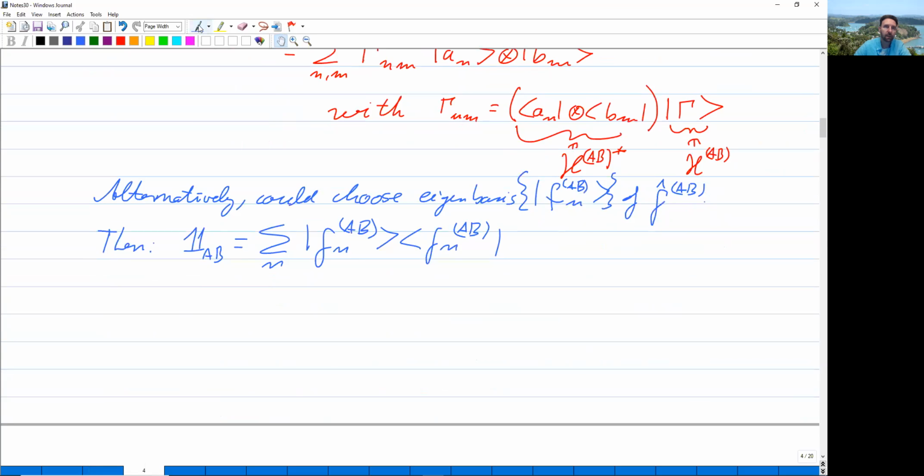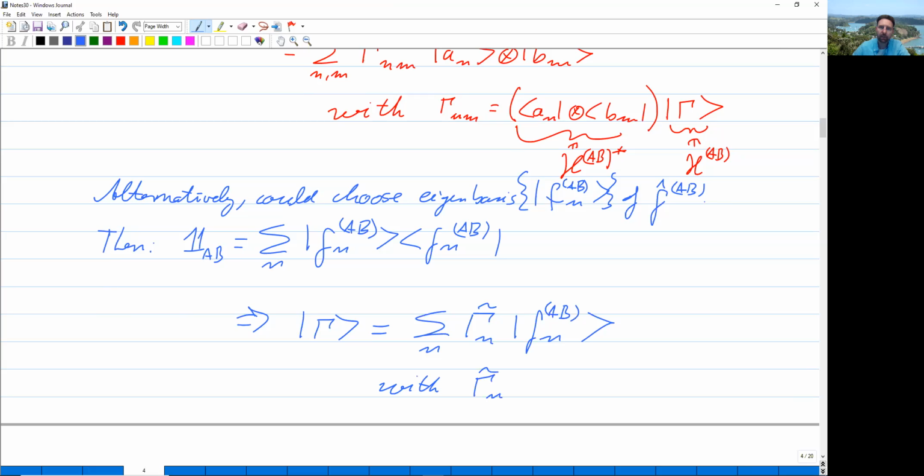And therefore we obtain that our state gamma is equal to the sum over all n of gamma tilde_n, let's call them tilde now so as not to mix them up with the other ones, times the basis vectors f_n^AB, with gamma tilde_n equal to f_n^AB applied to gamma. We obtain that simply by applying the resolution of the identity to gamma.